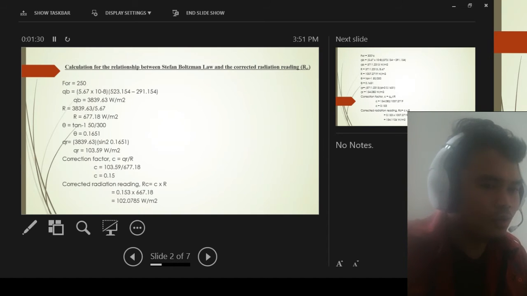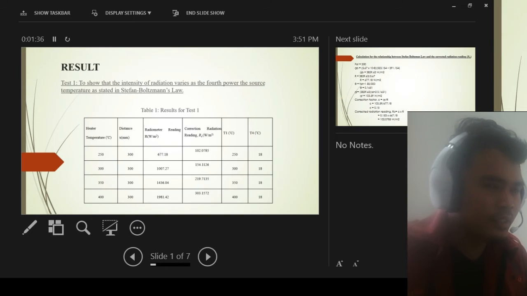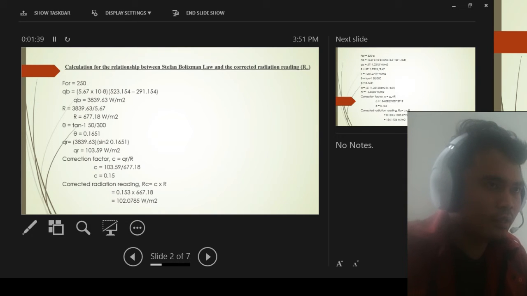So we have different values for the heater temperature. I took the first value, 250 degrees.